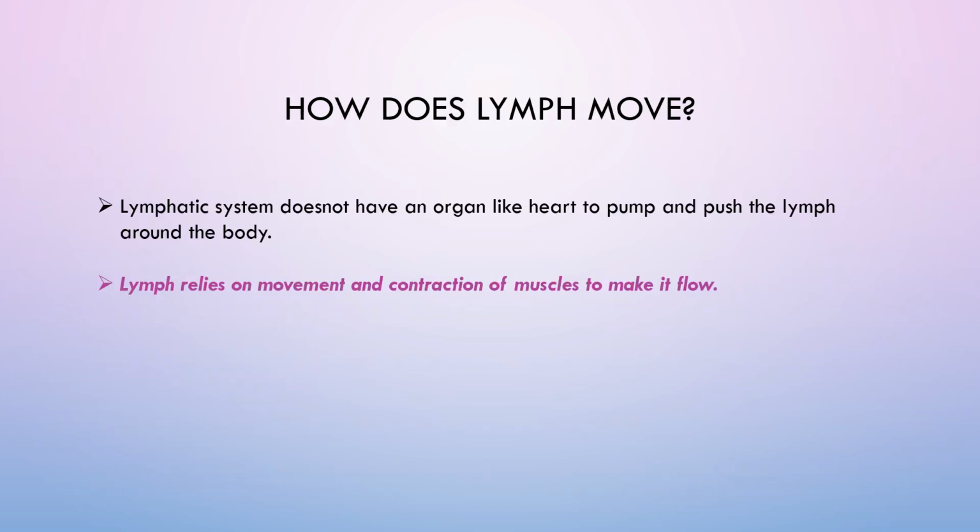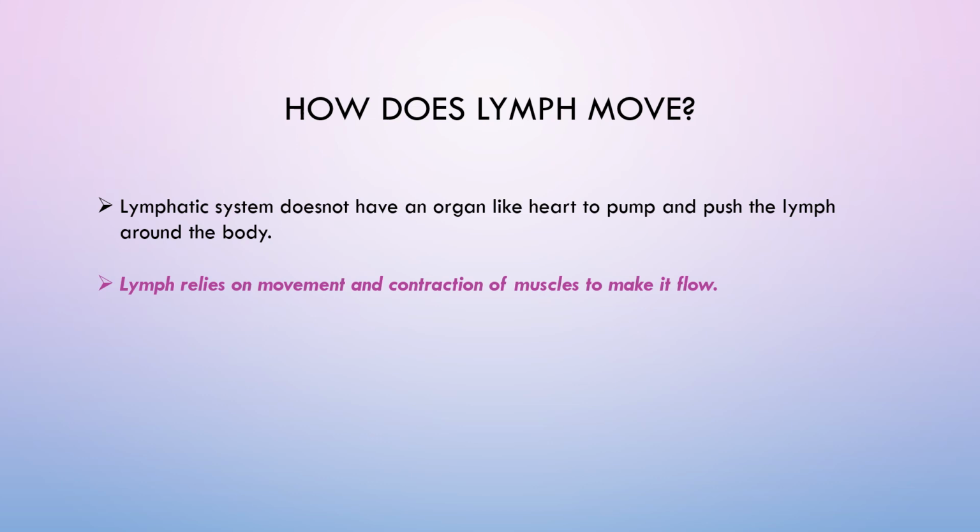So one very important thing to note about the lymphatic system is that though the lymph travels through these lymph vessels and lymph capillaries and so on, lymph does not have a heart or any other pumping device or pumping organ to push it throughout the body. So then how does lymph move?